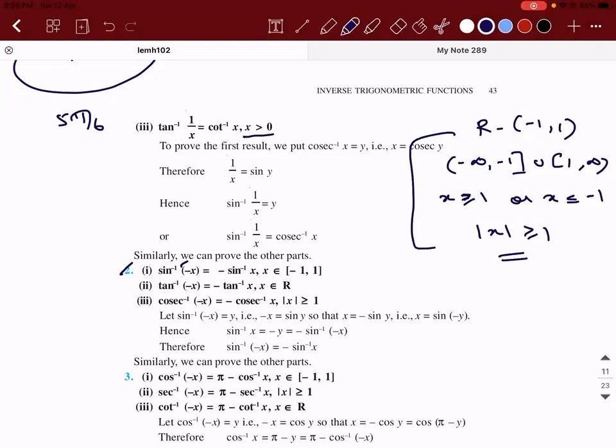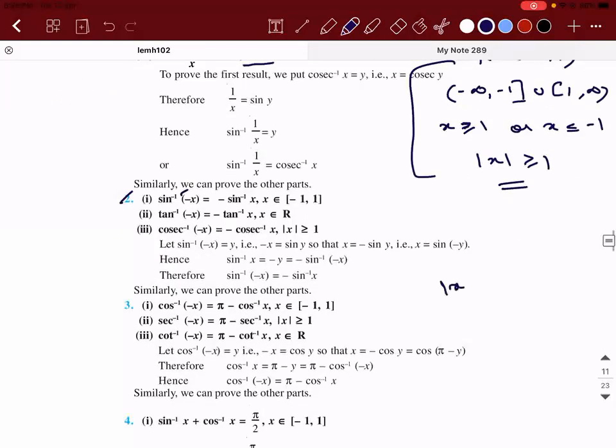All these things fall under the same branch. They all mean the same. Last one. Modulus of x should be greater than or equal to 1.